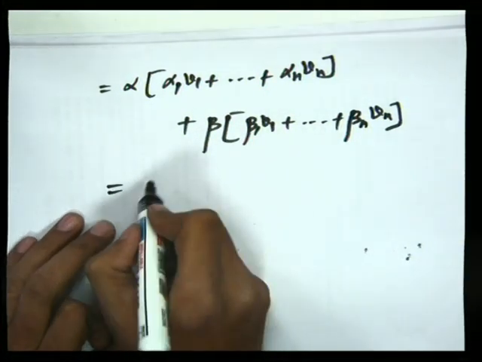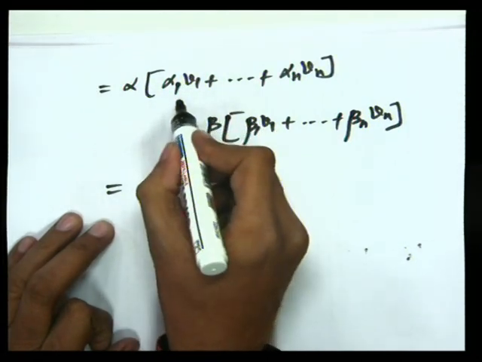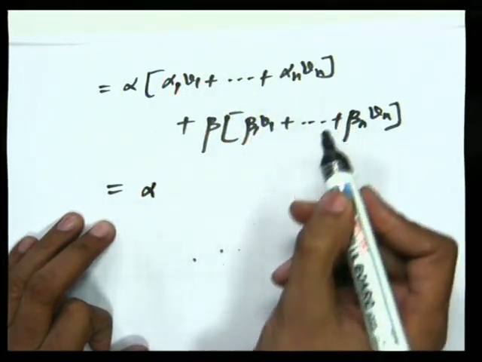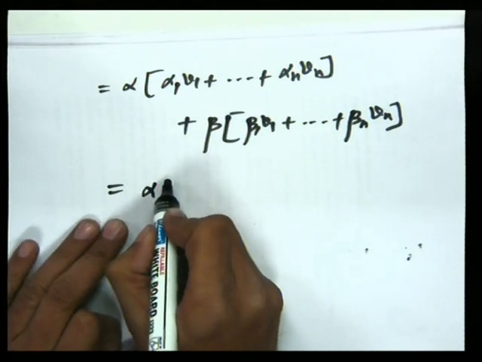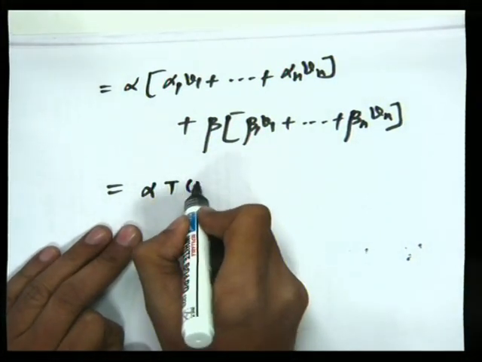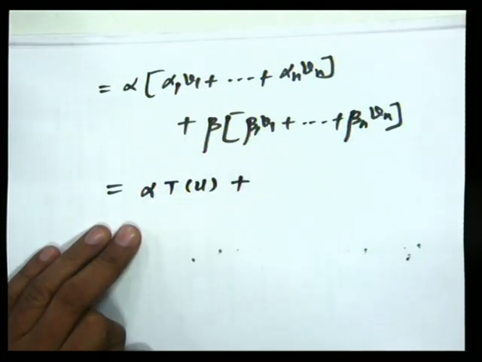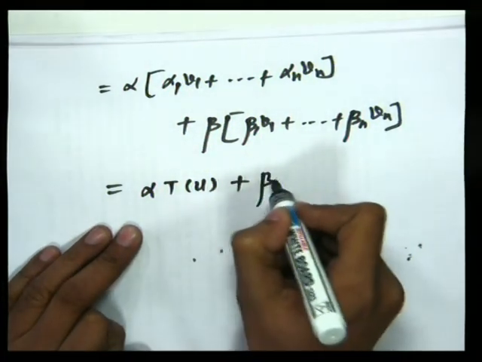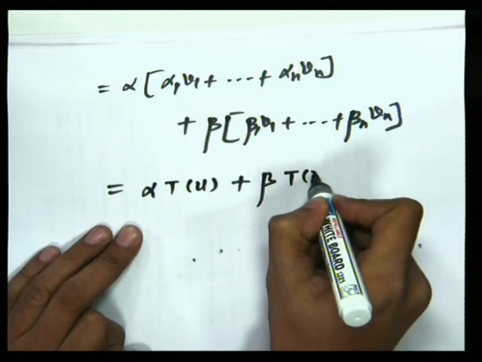In the first rectangular bracket we have alpha 1 v1 plus alpha 2 v2 plus up to alpha n vn, which is nothing but t of u, plus, in the second bracket, it is nothing but t of v.